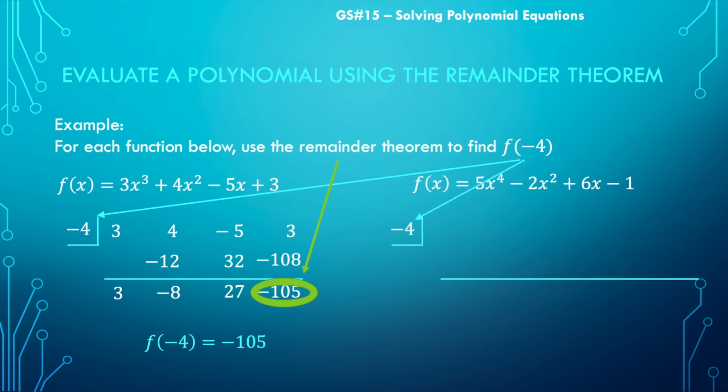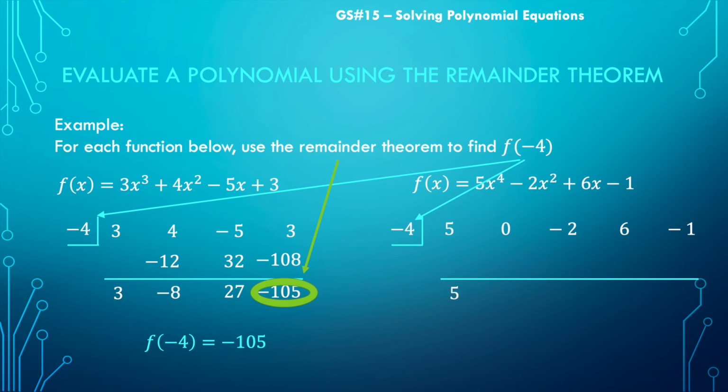We're going to put that negative 4 in the box. We're going to put our coefficients where they belong. We're in standard form, but we're missing something. Notice I'm missing a cubed term. So I need a 0 placeholder where that cubic term would be. So my coefficients will look like this, and I'll step through that process.